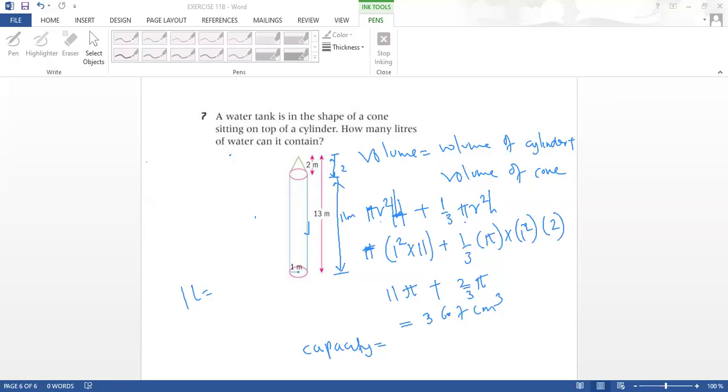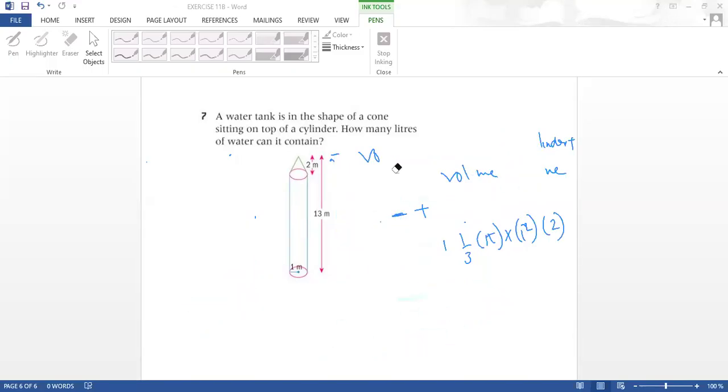This is not centimeters, this is cubic meters. And that's why we use the conversion that 1 cubic meter is 1,000 liters. So what about 36.7 cubic meters? You get it in liters, and that should be your answer for number 7.